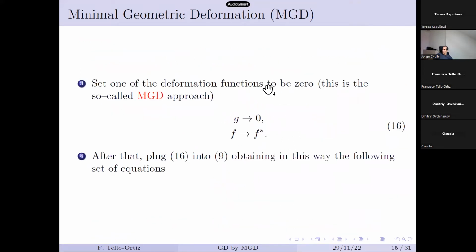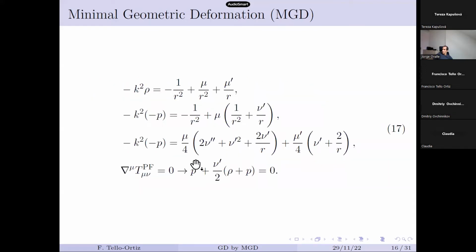Then, through this map, if you plug this map into the field equations, you can separate the problem in two different sets of equations. One of them is the usual Einstein set of equations, as you can see here in 17.